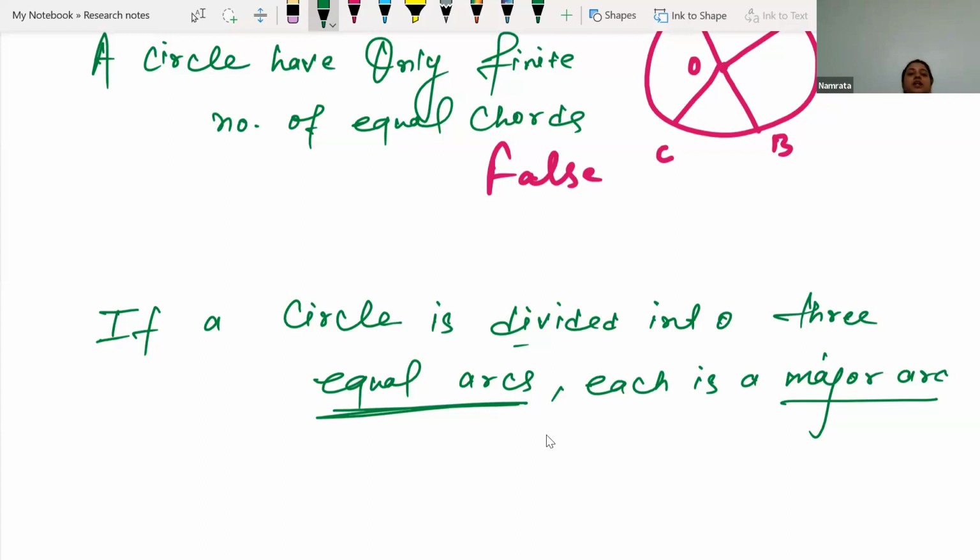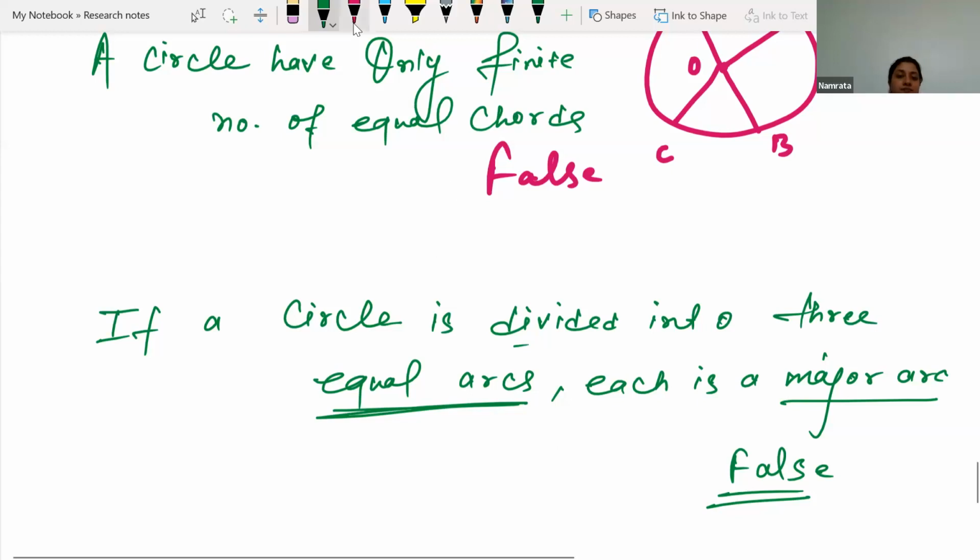If I have 20 chocolates, and another student has 20 chocolates, all having the same, then no one has larger, no one has smaller, all are on the same page. So major arc, it's false. If all three arcs are the same, then it's not major, it's not minor. We only use these words when one is larger and one is smaller.